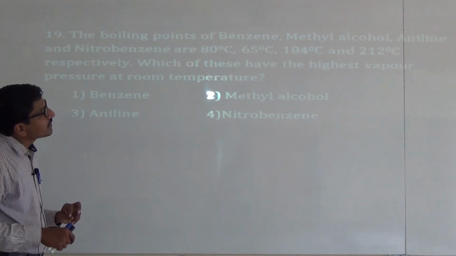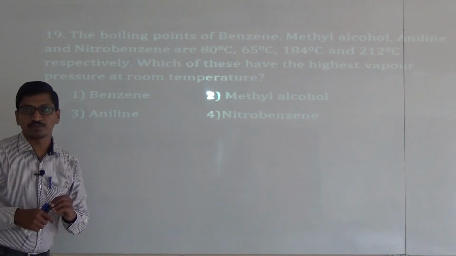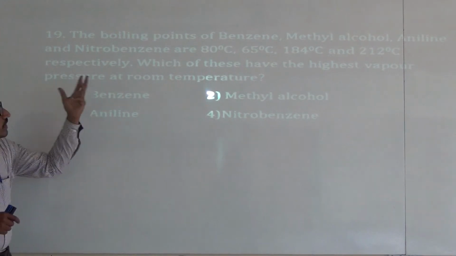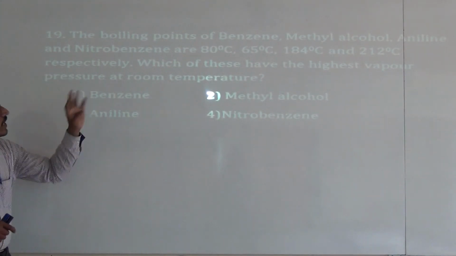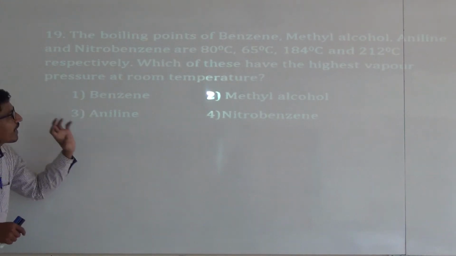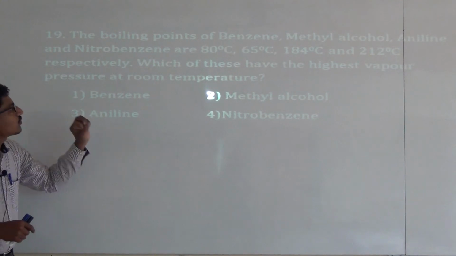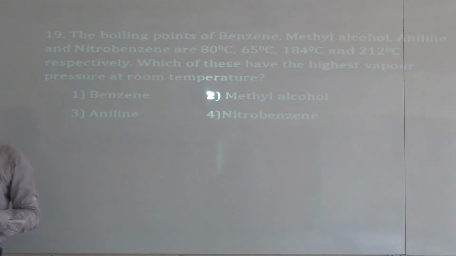Which of these has the highest vapor pressure at room temperature? They have given four liquids and their boiling points, and based on their boiling points we have to predict the liquid with the highest vapor pressure at room temperature.